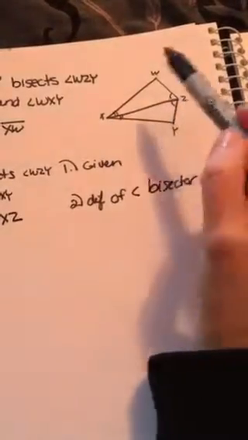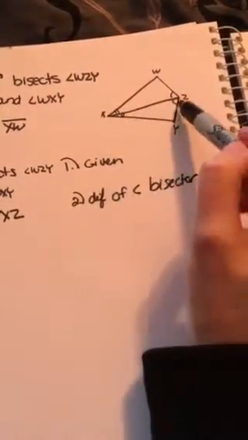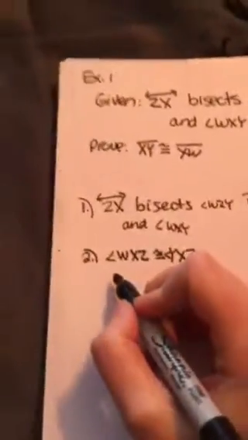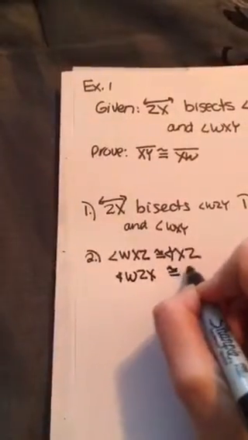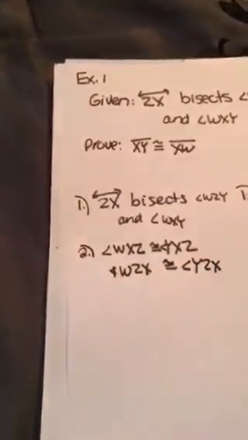I also know that this angle here is going to be congruent to this angle here. So angle WZX is congruent to angle YZX.